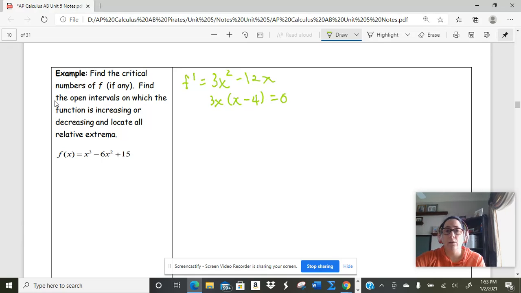I'm going to find also where it doesn't exist, DNE, okay, for critical numbers. And I see that x equals 0 and x equals 4 are my critical numbers. So then I'm going to go do a number line with 0 and 4.